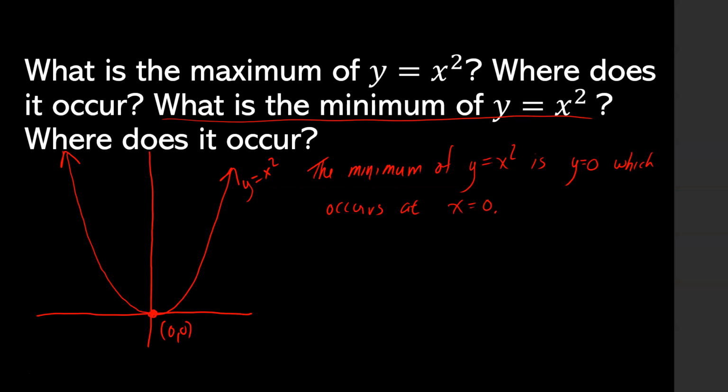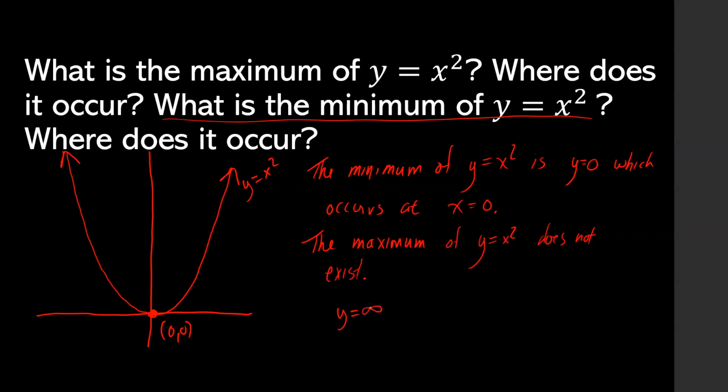So what about the first question? What is the maximum of y equals x squared? What is the highest y value of y equals x squared? The maximum of y equals x squared does not exist. Or you could say y equals x squared has no maximum. So you might think, well, infinity is a maximum, so y equals infinity maybe.